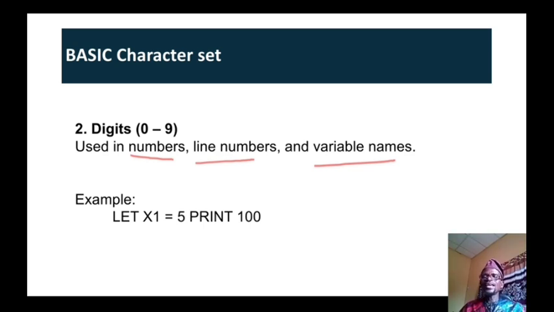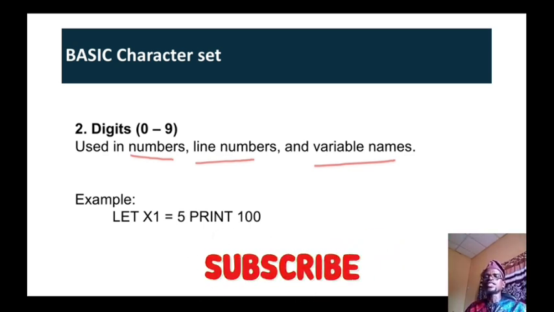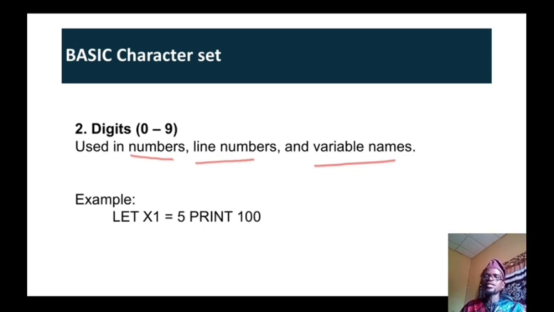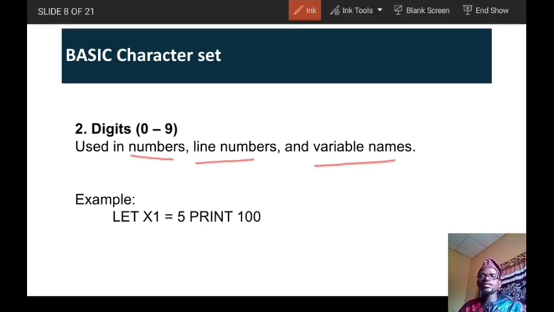You can see 1 is written after X. X1 stands as a variable that is assigned the value 5. That is, the next time the computer sees X1, it will refer to it as 5. The next statement says PRINT 100. You can see 100 as a number is also used in that statement.